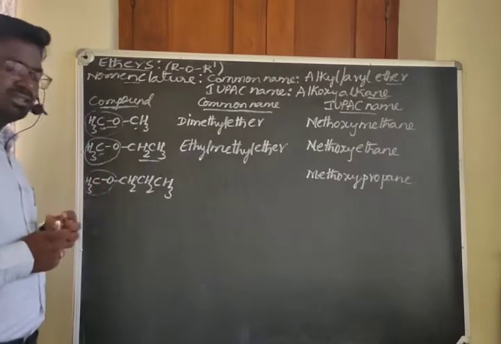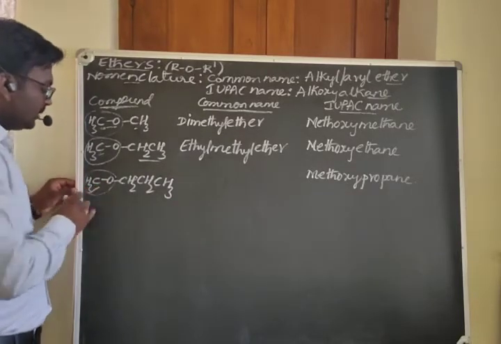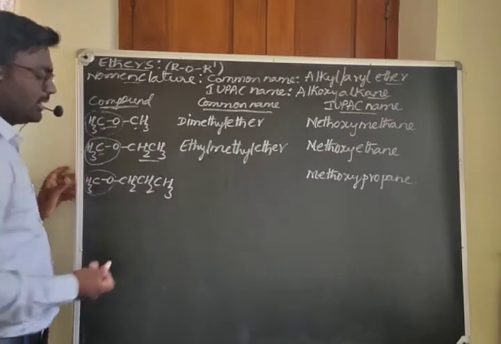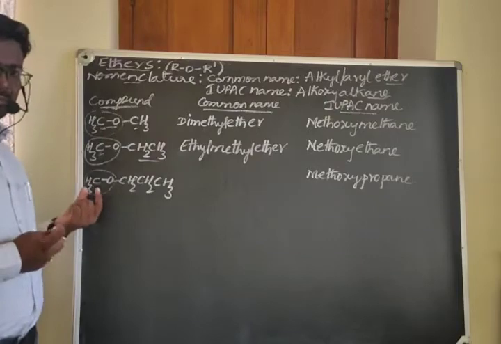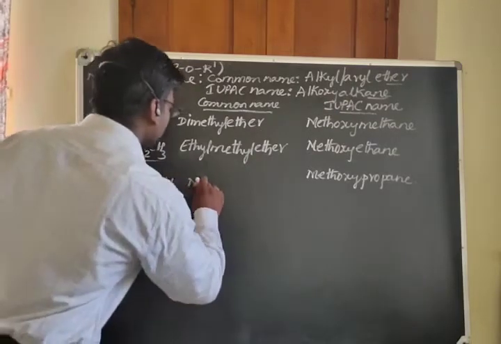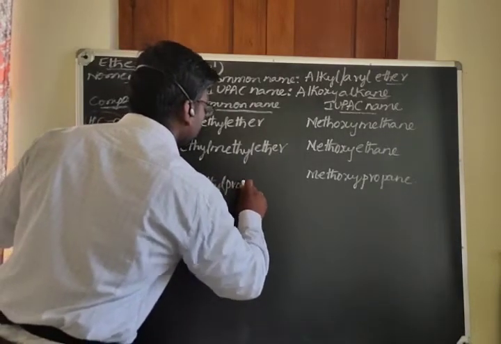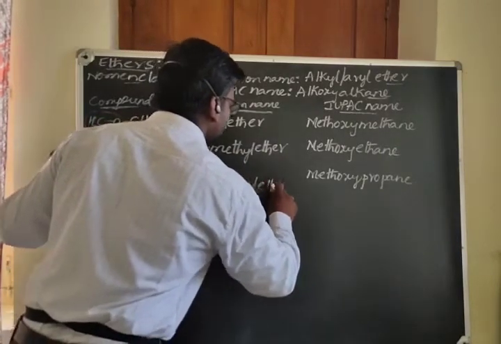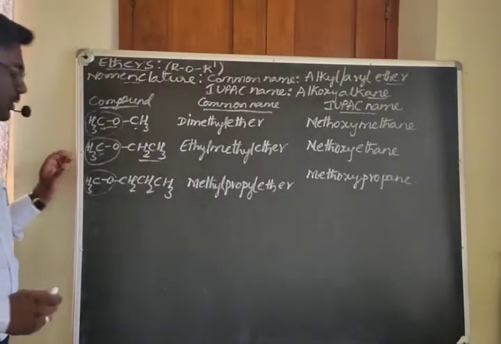What is the common name for this? This is a methyl, this is a propyl. Which one comes first alphabetically? M of methyl comes first, so it is methyl propyl ether.